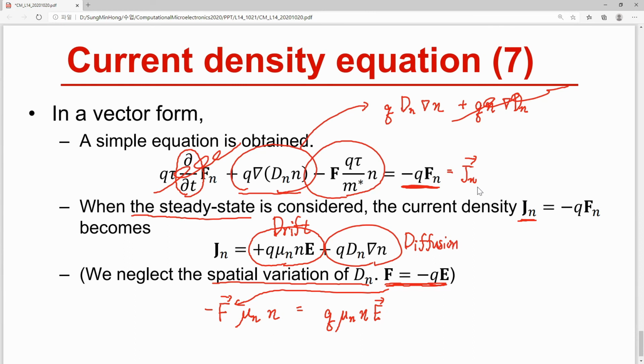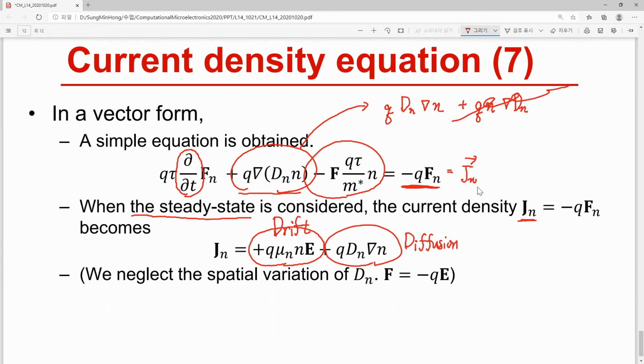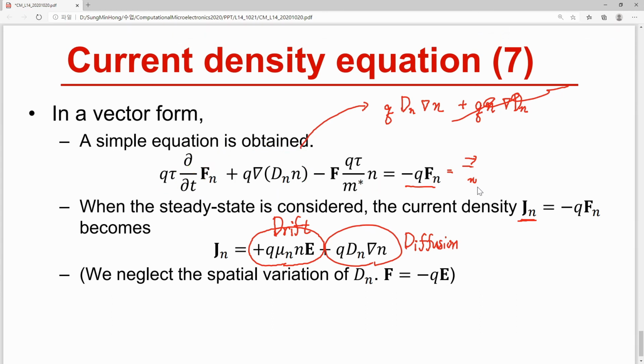Are you with me? So eventually, let me summarize our whole long lecture. From the integrated Boltzmann equation, we have introduced several severe approximations. What were they? For example, we assume that the band structure is position independent. Also, we have introduced the effective mass approximation.